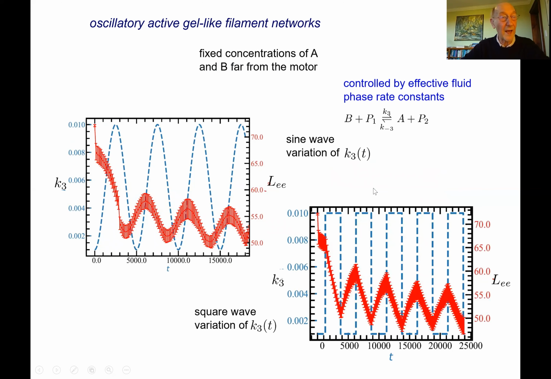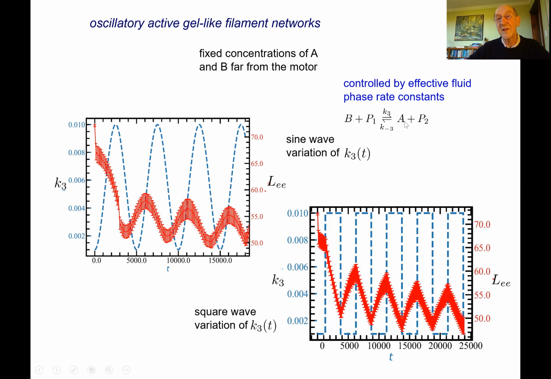So now you can control the dynamics of the network by controlling the constraints on the system. In this example, I'm controlling the constraints by using bulk phase reactions that are out of equilibrium, as indicated in this diagram here.